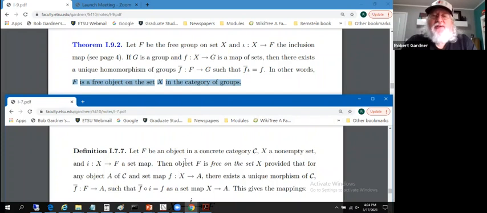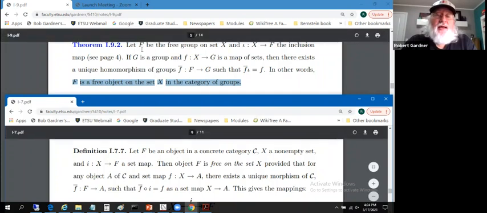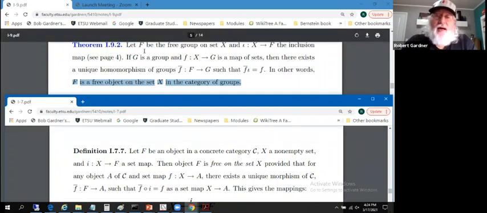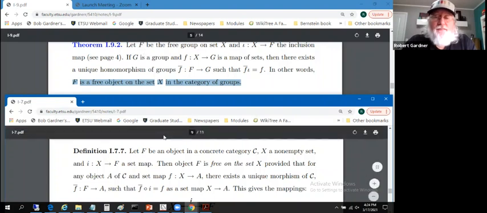F is an object. We're taking the object from the category definition as this free group F in our current setting.